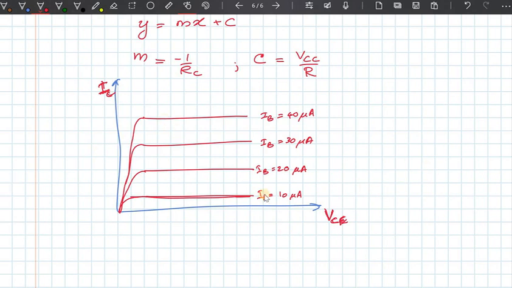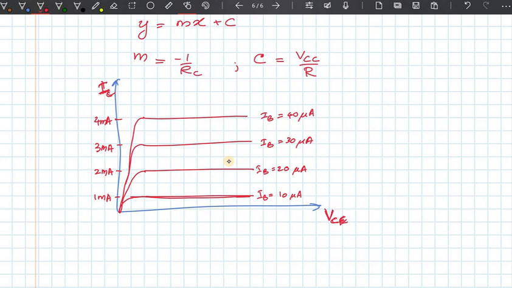These different IB values had different collector currents. It could be 1 milliampere, 2 milliamperes, 3, 4 milliamperes, just as an example. So this depends solely on the transistor properties, nothing else. So it looks like this.